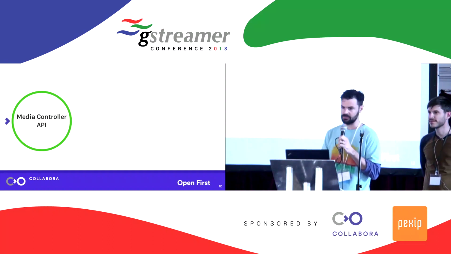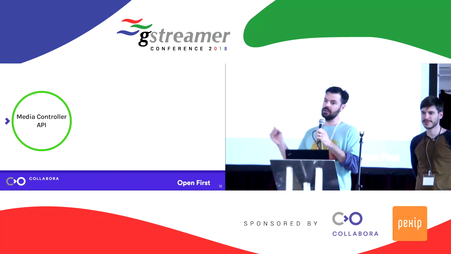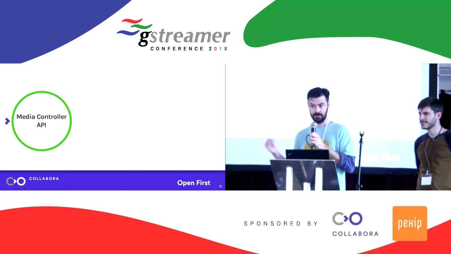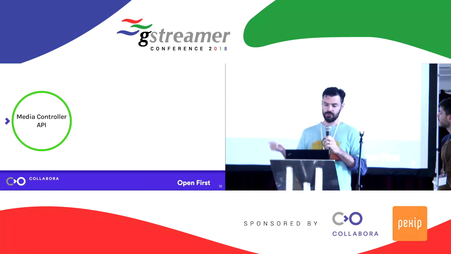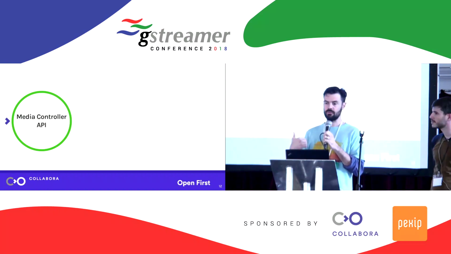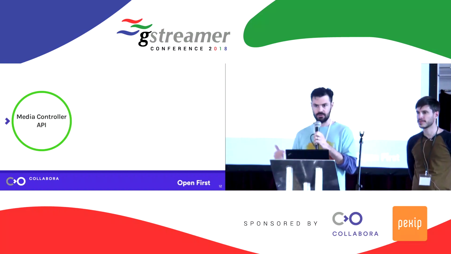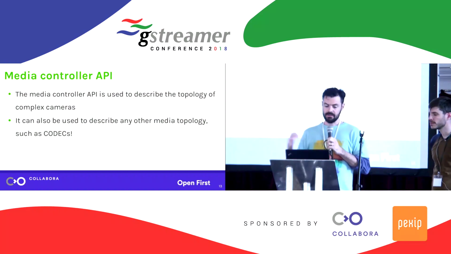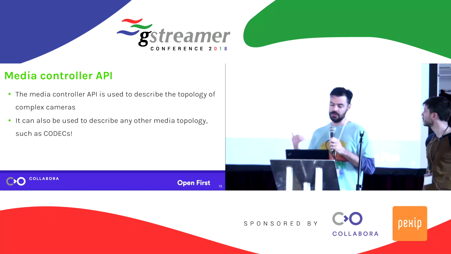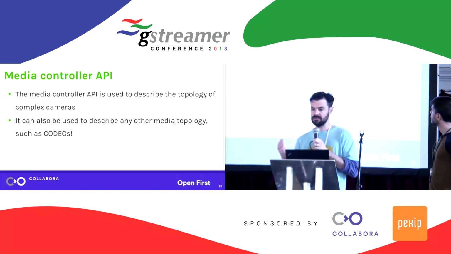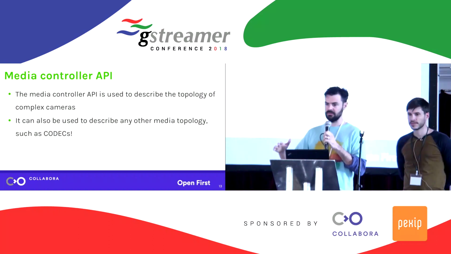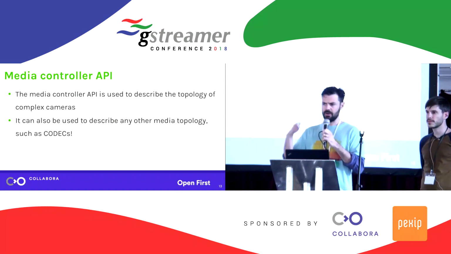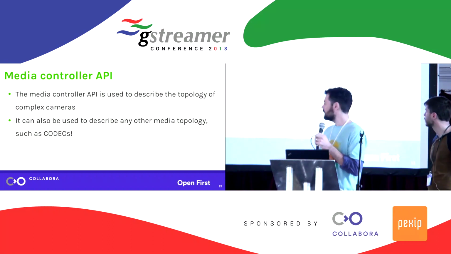Okay, now for something completely different, we have a new API right now in Video4Linux, which is not really for capturing. It's actually for topology description, something like that, which is called the Media Controller API. This API is traditionally used to configure complex pipelines with sensors and Bayer filters and whatnot.